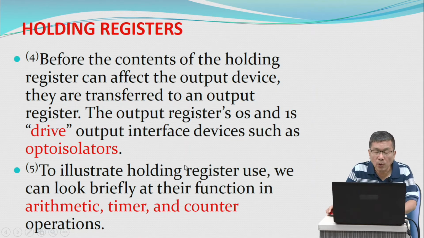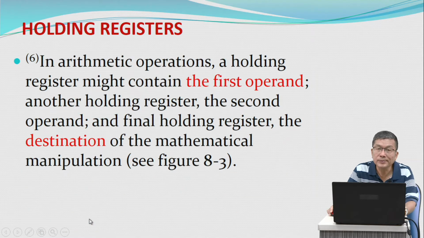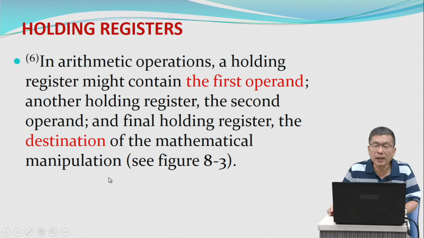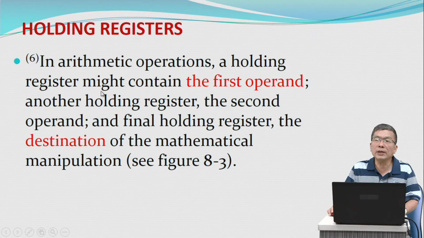To illustrate holding register use, we can look briefly at their function in arithmetic, timer, and counter operations. In arithmetic operations, a holding register might contain the first operand, another holding register the second operand, and the final holding register the destination of the mathematical manipulation.